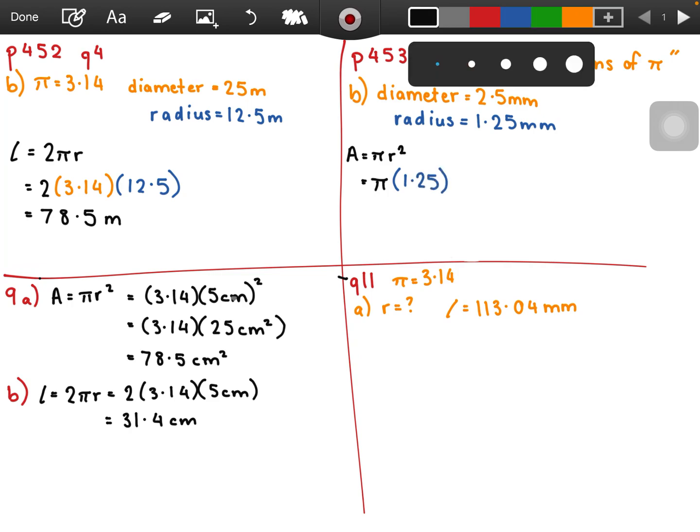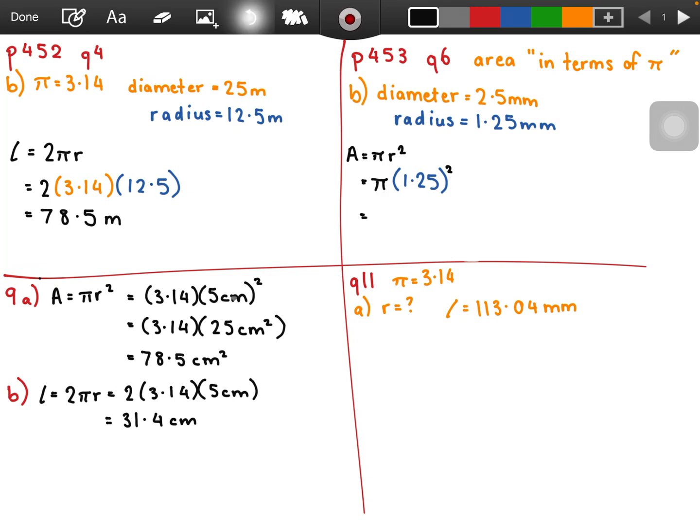In this case, I leave pi as pi. And we fill in r as the radius, so 1.25, and we have to square it. So into my calculator, I'm going to type in what is 1.25 squared.